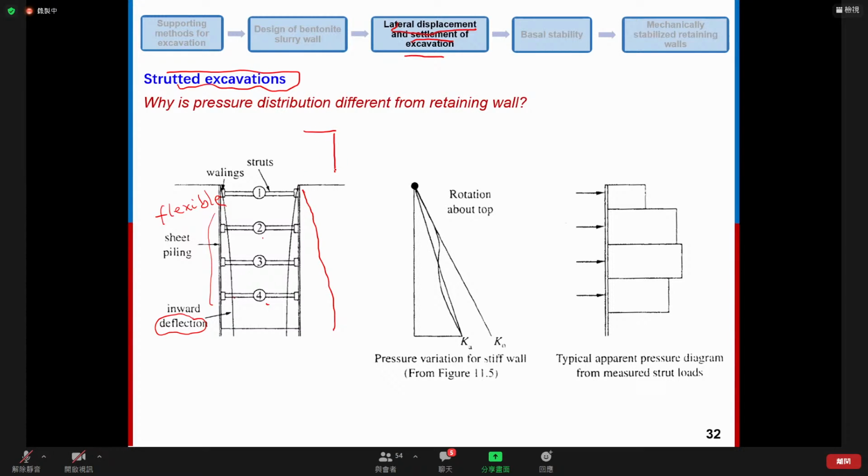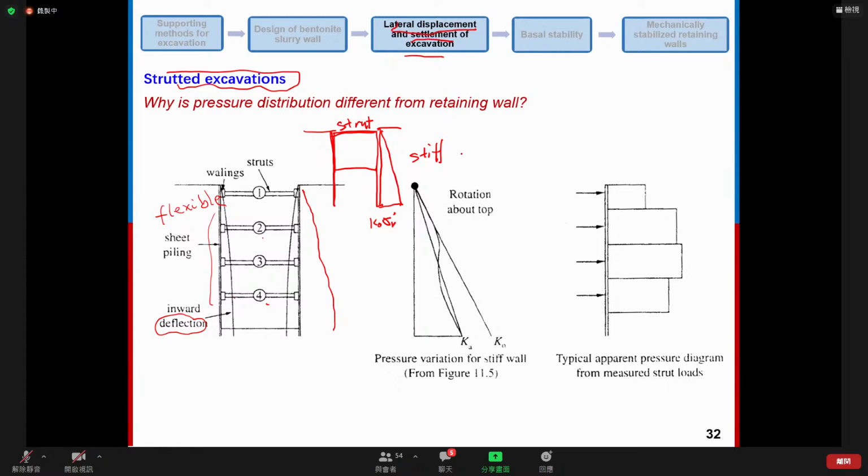If we have an excavation here, then we have a retaining wall, for example, sheet pile wall here. Let's say we have only one layer of strut here, okay? So if the retaining wall is stiff enough, it will not have any movement, and the earth pressure behind the retaining wall is going to be K0 times the vertical stress.